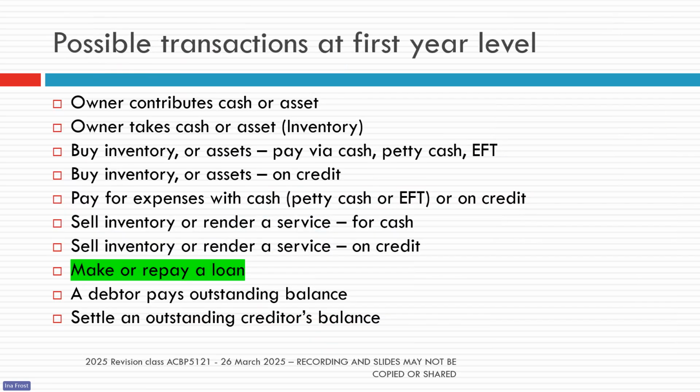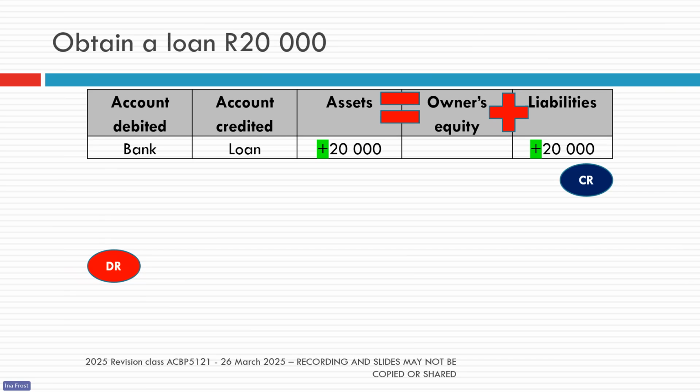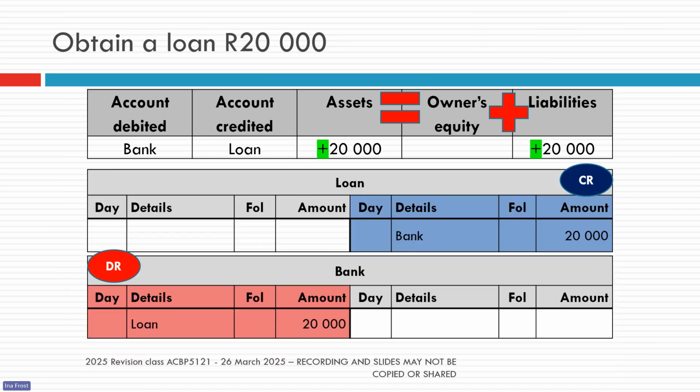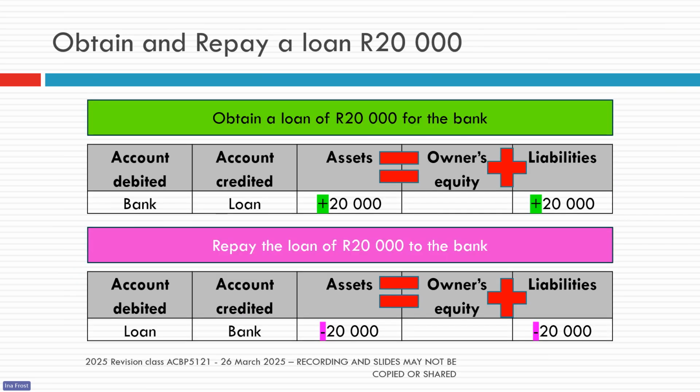Okay, the last possible type of transaction I want to cover quickly is getting a loan. For example, the business gets a 20,000 rand loan. Money goes straight into the bank, which is the asset, and we'll have a loan account, which is the liability. Then at some point, we also need to pay back the bank for that loan.